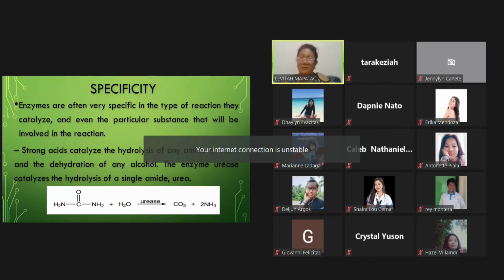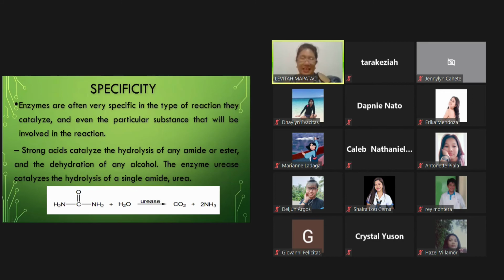An example is an amide in the form of urea. What is present in urea is two amino groups, two amides. This is still hydrolysis.